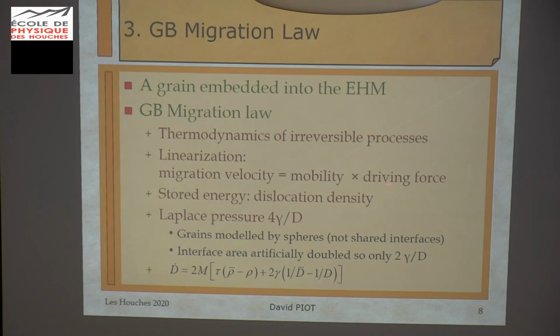And this driving force could be related to the stored energy for recrystallization, so the difference in dislocation densities between two grains, or between one grain embedded into the equivalent homogeneous matrix.